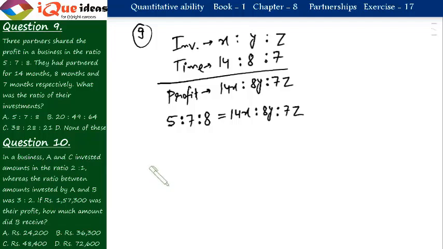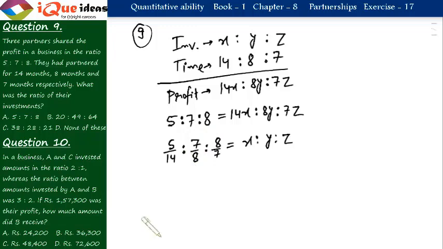Right? So now if you have to find x is to y is to z from here, what should you do? Very simple. X had 14 here, so divide by 14 in the number corresponding to x, that is 5 by 14. Y has 8 here, so divide by 8, so 7 by 8, and z would be 8 by 7.